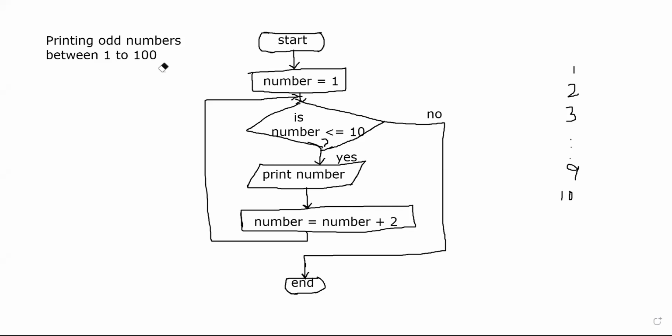So we were printing odd numbers from 1 to 100. So the changes that we have made to the previous one: starting value, no change, it starts at 1. Increment, we have to change by 2. Yes, that's so. And then instead of 10, we have to put 100.